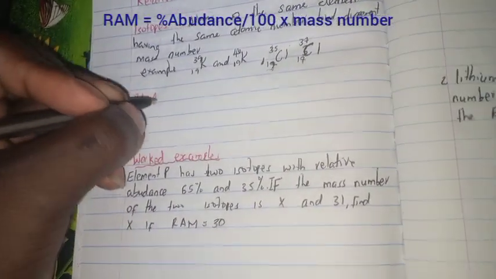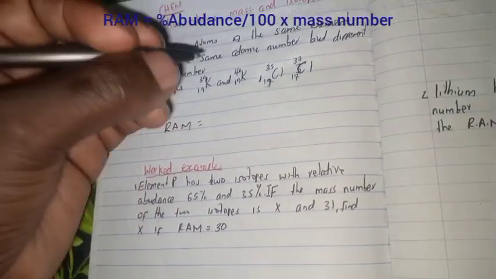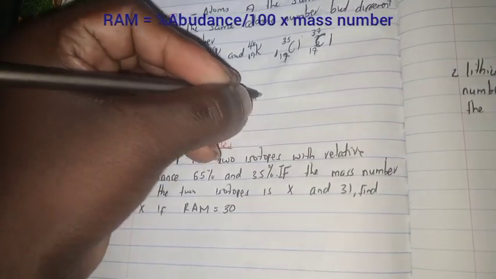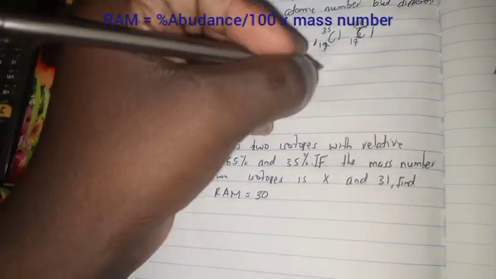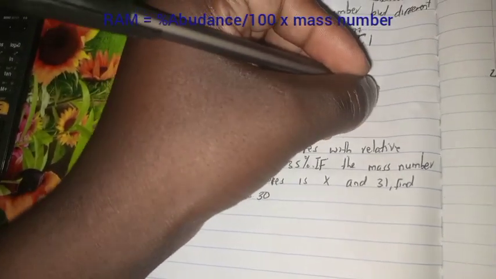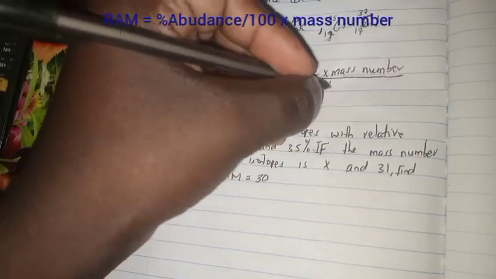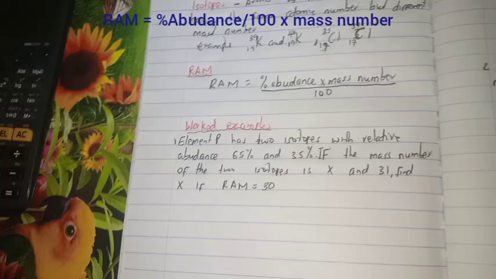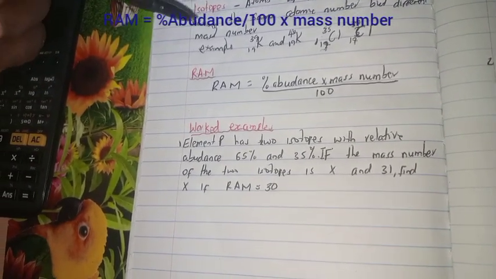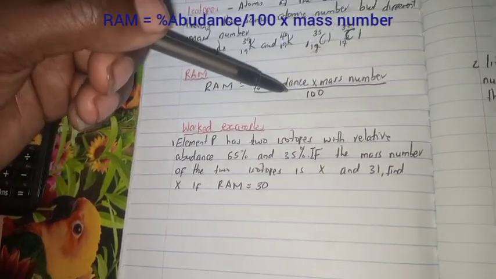Now with that, we say that RAM is equal to percentage abundance multiplied by mass number, and the result we divide by 100 because it is in form of percentage. It depends on how many isotopes are present, and if there are many, we just sum them up, then the answer divided by 100.